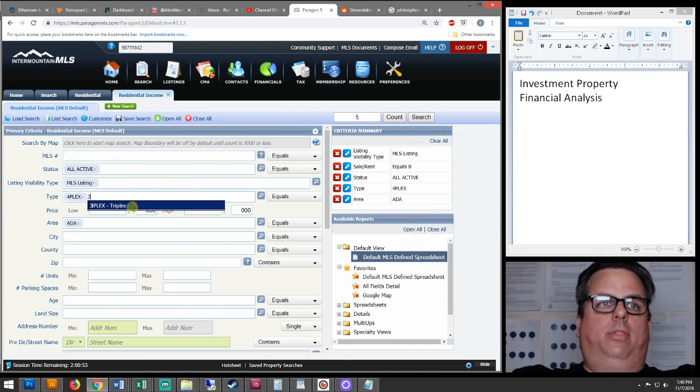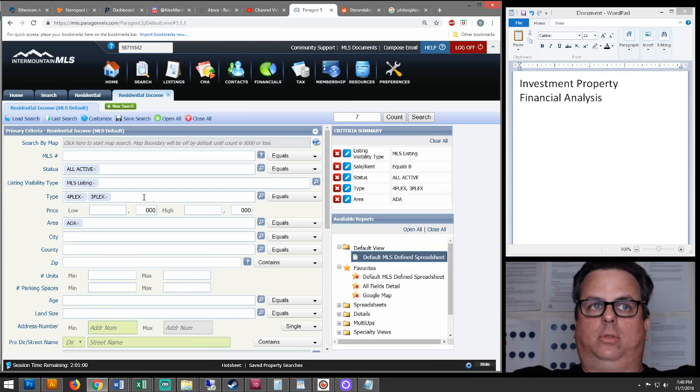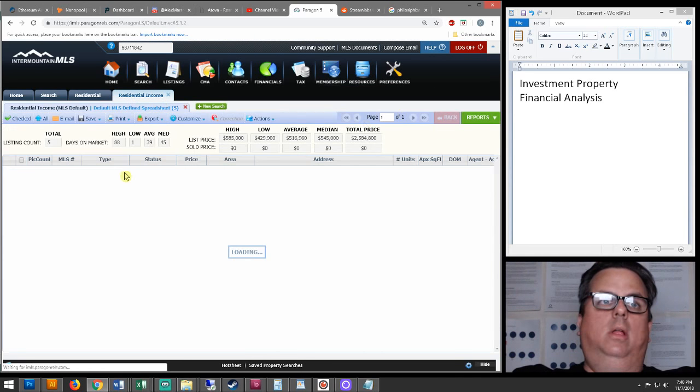And if we add on 3 triplexes, there's 2 more. We were at 5 and then 7, and with duplexes, probably 20. So from a multifamily residential standpoint in Ada County, there's only 20 total fourplexes, triplexes, and duplexes available, and only 5 fourplexes at all.